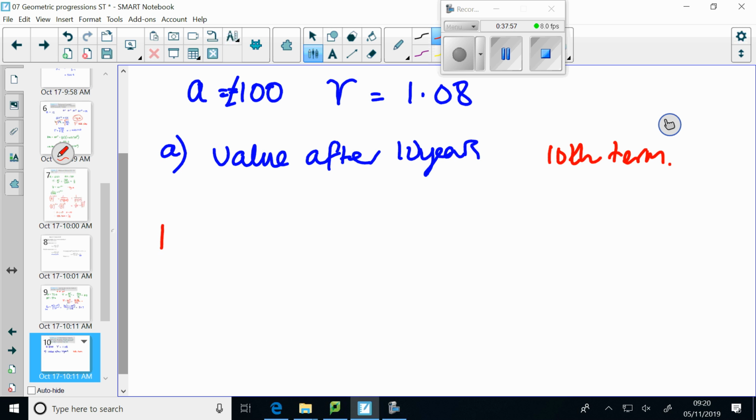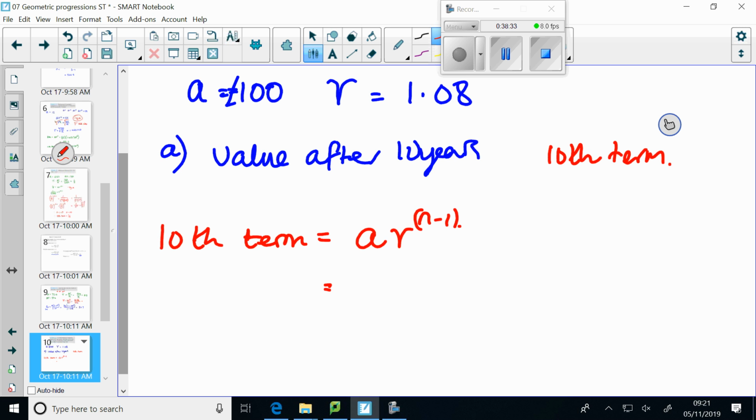So the 10th term is given by, how do we find the 10th term? What's the formula? A R to the n minus 1.